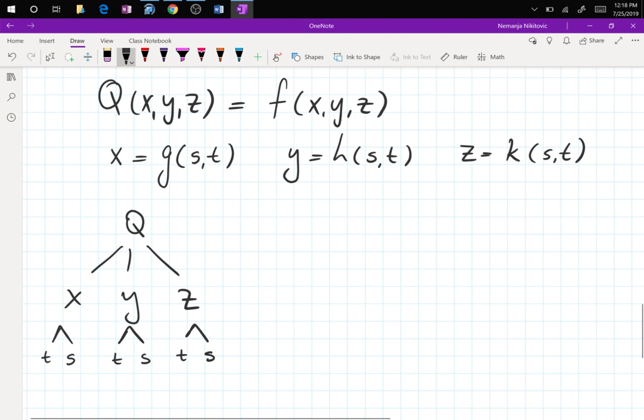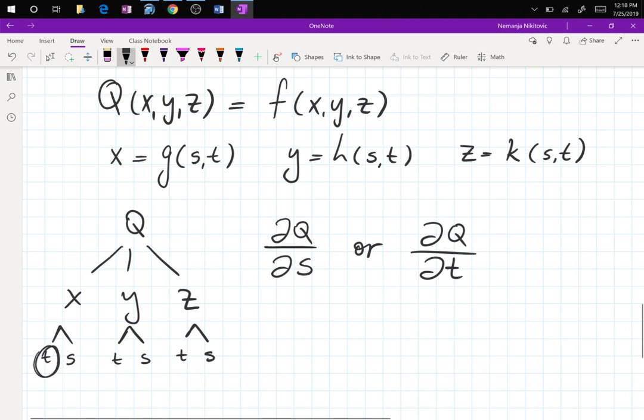So in this case, you can either find partial q, partial s, or partial q, partial t. You cannot put these two formulas together in one bag because it's a different independent parameter which drives. So you're either talking in terms of time or you're talking in terms of, let's say, length, right? In terms of how much distance you covered.